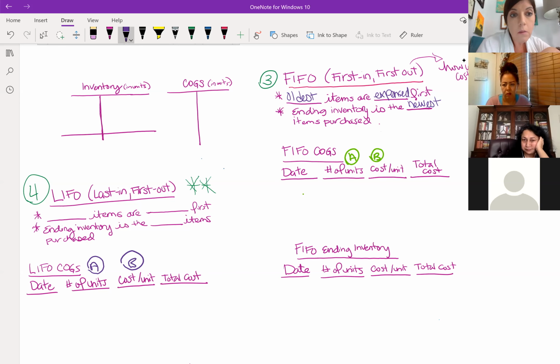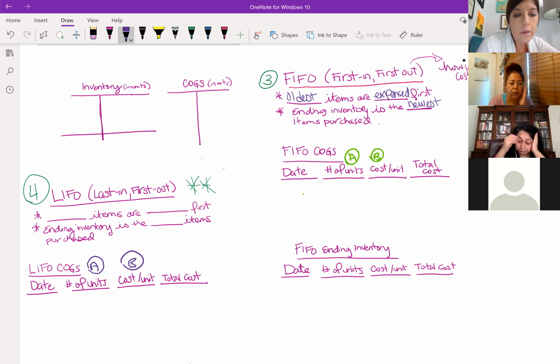You could have two companies in the same industry, one using LIFO, one using FIFO. Operationally, most companies likely use FIFO, especially restaurants, because their goods go bad. But from an accounting perspective, we don't care what they do operationally.